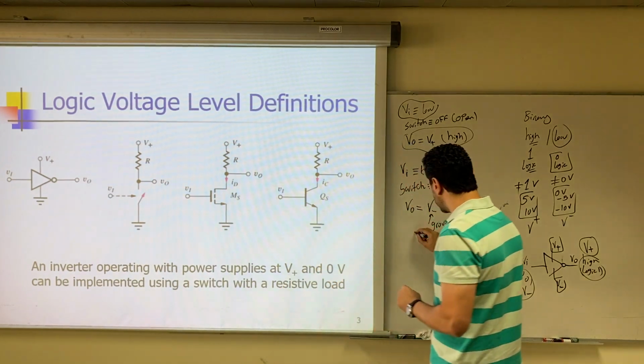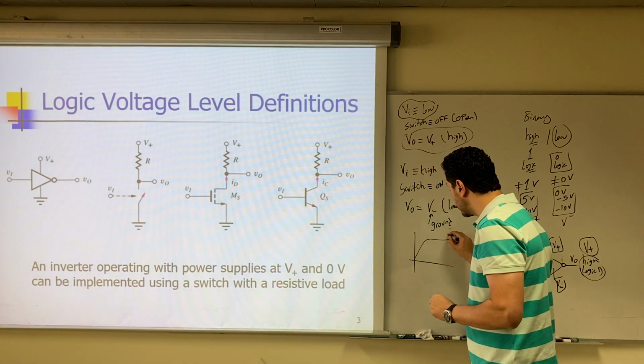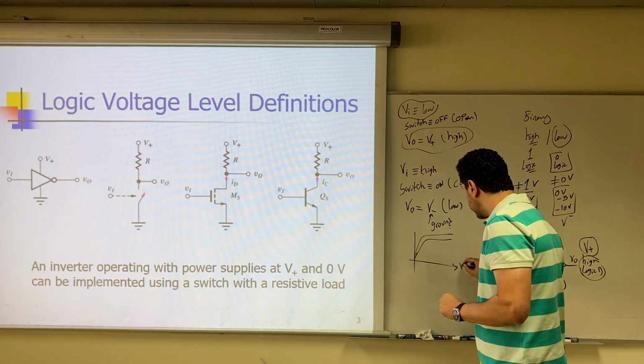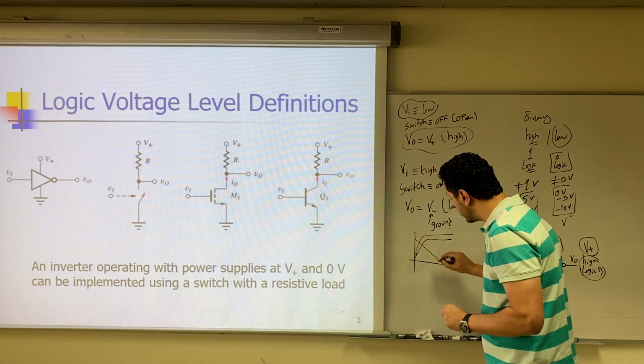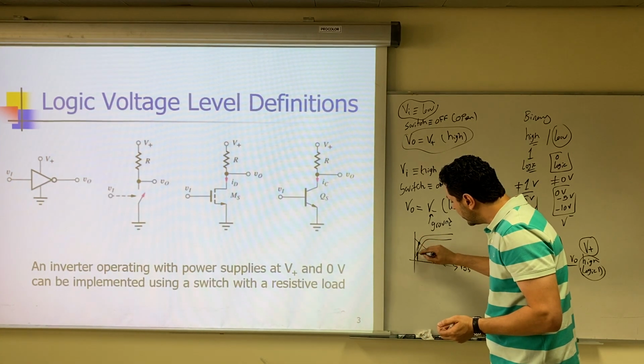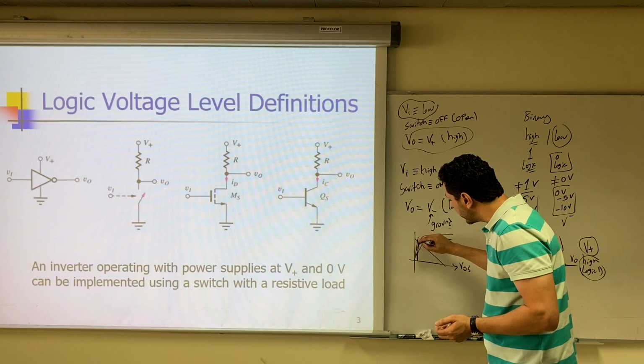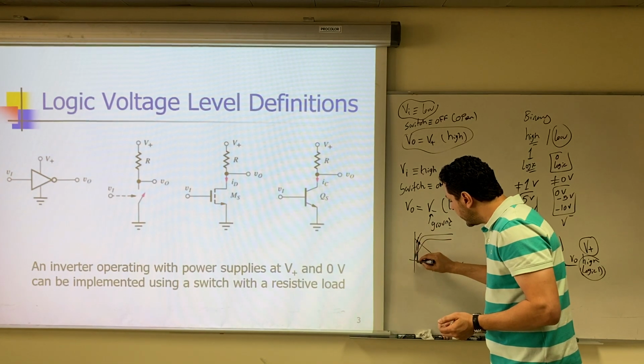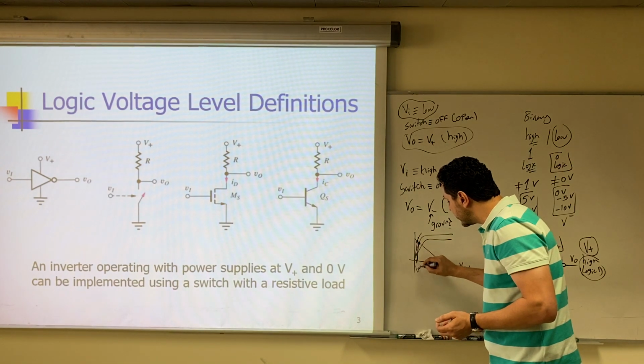In the triode region, VDS will be very small, so you can choose your load line so that the operating point will be here or here in the triode region.